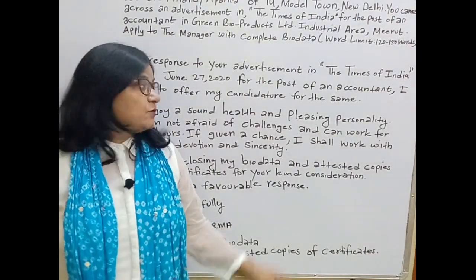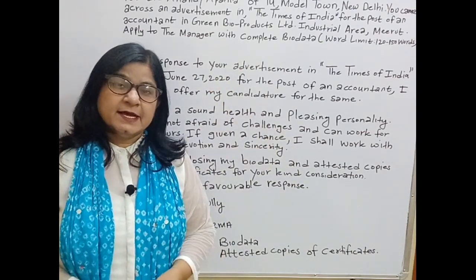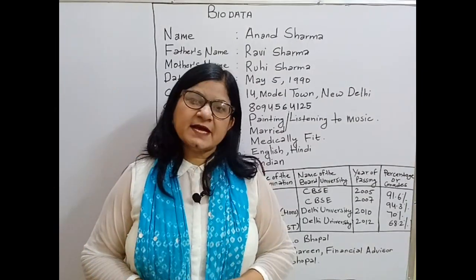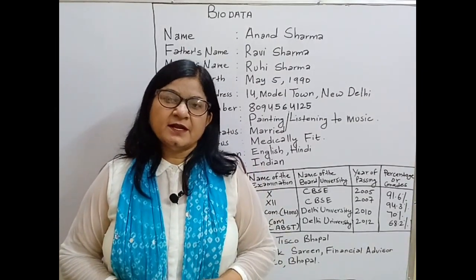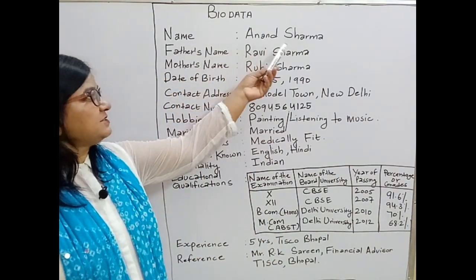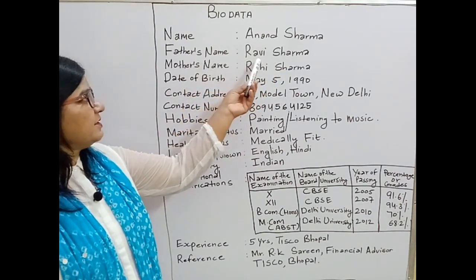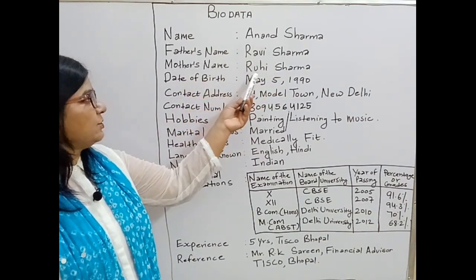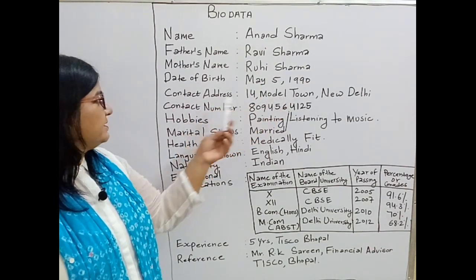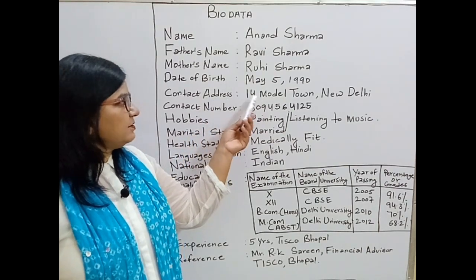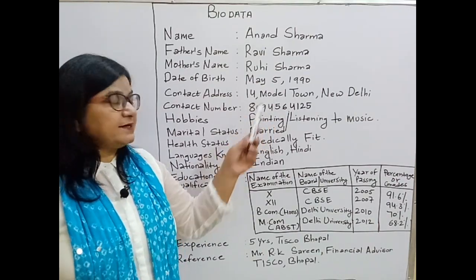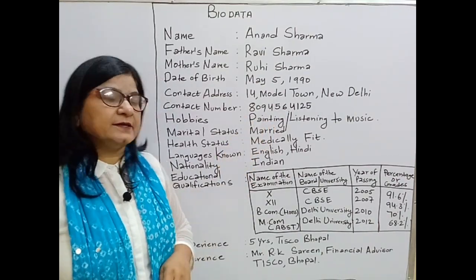So students, we are over with the cover letter, and now I will write the biodata. Students, I have written the biodata on the board, and now we will go through it. Name of the applicant, Anand Sharma. Father's name, Ravi Sharma. Mother's name, Ruhi Sharma. Date of birth, May 5, 1990. Contact address, 14 Model Town, New Delhi. Students, you have to write the address that you have written in the cover letter.